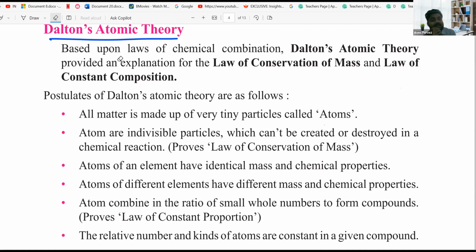So Alvina and Rima, we are just studying the postulates of Dalton's theory. Then we are going to proceed further. Okay. So we are just revising this one. Rima, you also. And these are the new students that joined your batch: Nabila, Zaid, and Arya.